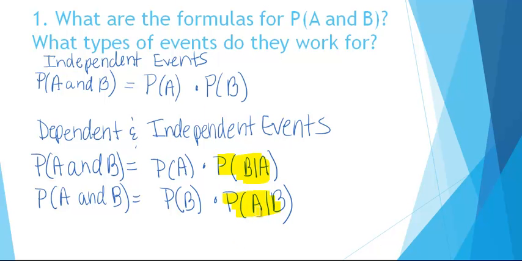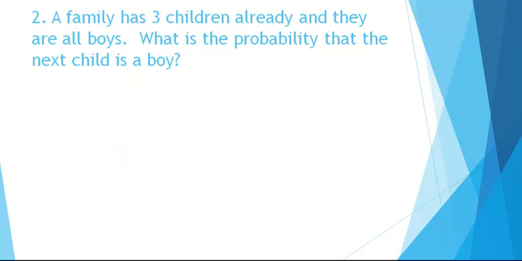If you're given this conditional probability, it's better to use this formula than to chance it that it's an independent event and just say probability of A times probability of B. We're going to be using one of these conditional formulas on one of the problems in the later slides. Okay, I'll give you a minute to try this one. There are no calculations on this one.